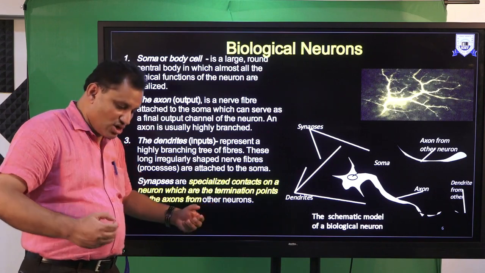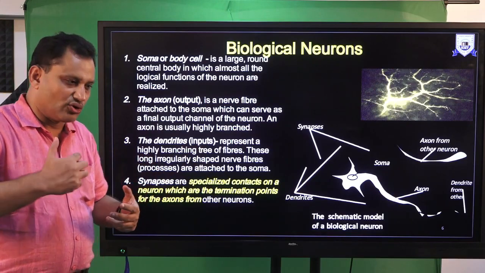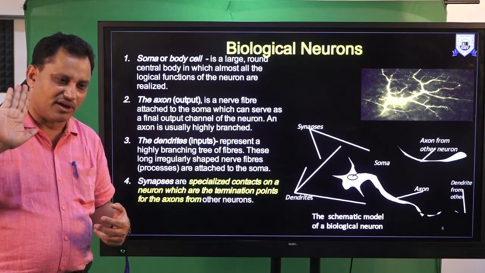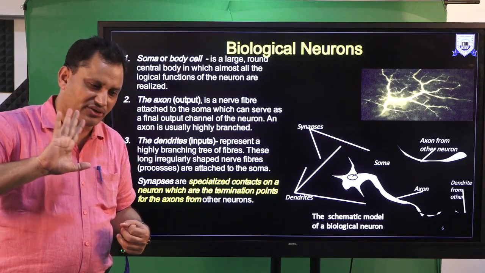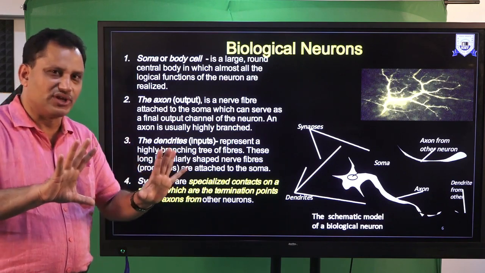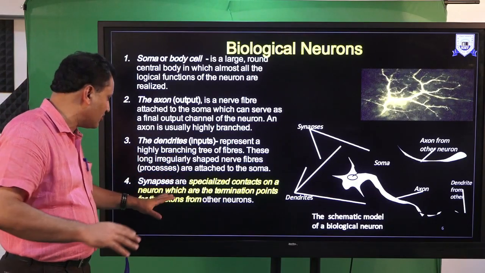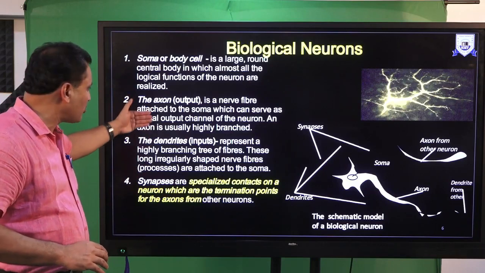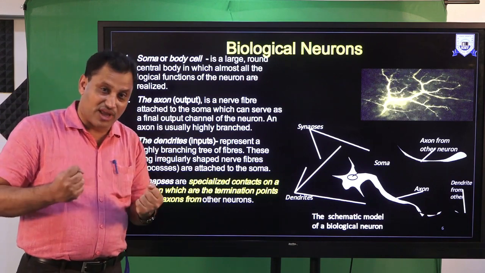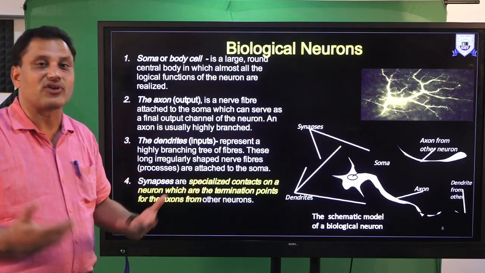That's very, very important. Let's say one neuron is passing the signal to the other neuron. So there are 2 chances. Like if we are pushing someone, if there is a gentle push, the person may be shaken a little bit. If we give a heavy push, probably there will be a stumble in the person. We will establish an analogy with that kind of thing. If the signal passed from the axon to a particular dendrite of the other neuron has a strong synapse strength, then the next neuron will be in an excited state.